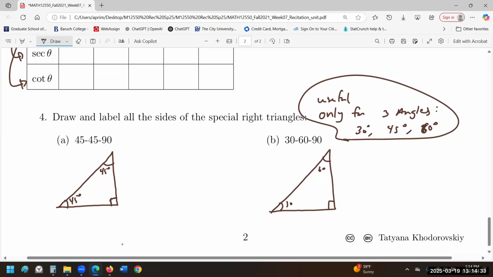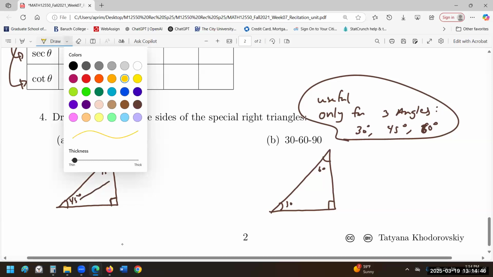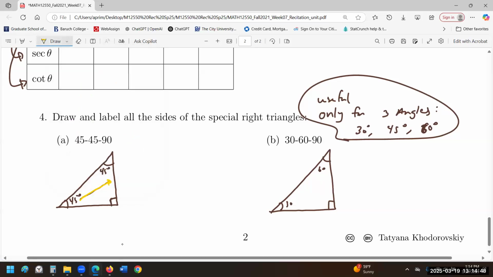And then you assign a number to each side of the length. Since we have 45 degree twice here, whatever you have for this side, the opposite of the 90 degree, you're going to have the exact same thing for this side. So these two sides are the same because we have two 45 degree angles. So the lengths of the opposite sides should be the same.